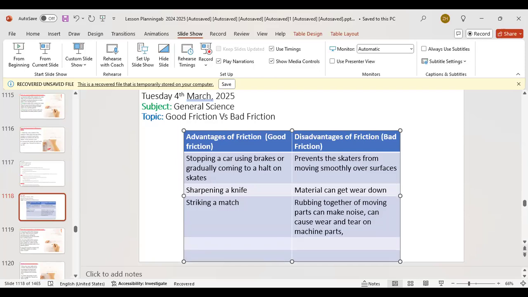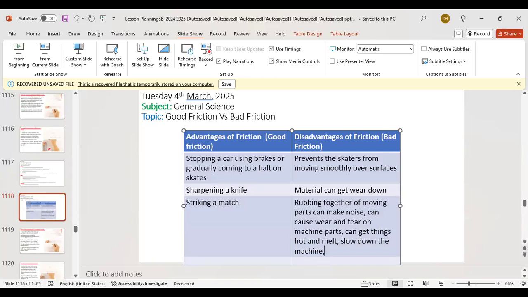It can get things hot, damage, and melt. It can slow down the machine, and it can waste energy.